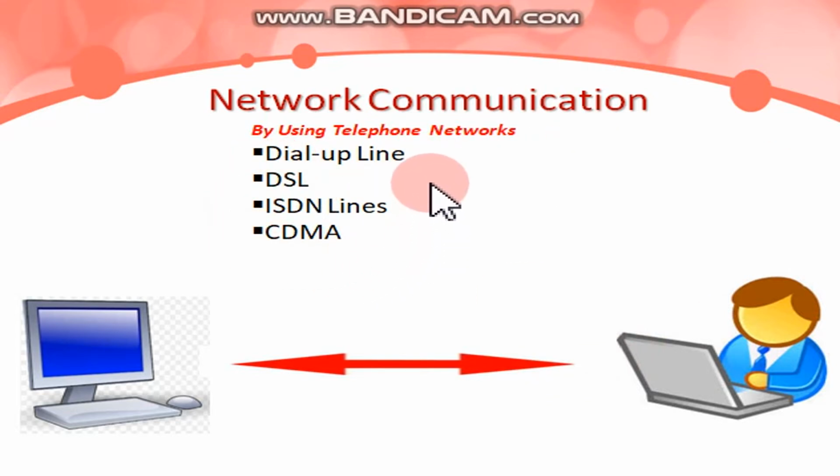Following are the four types of communication lines which are provided by the telephone networks: dial-up line, digital subscriber line, integrated services digital network, and code division multiple access. The purpose of these telephone lines is to send the data to the destination. These are used as a transmission medium.